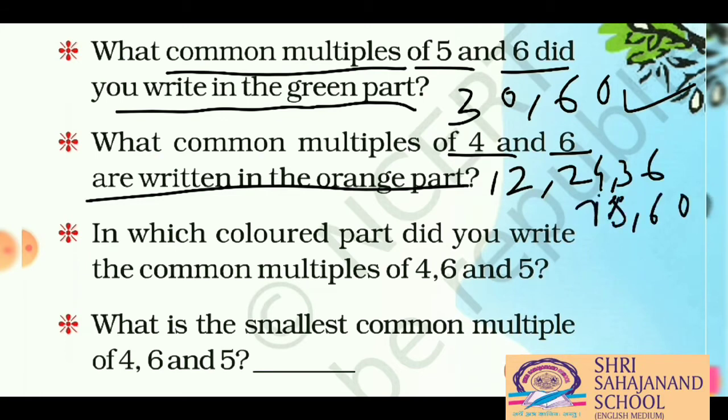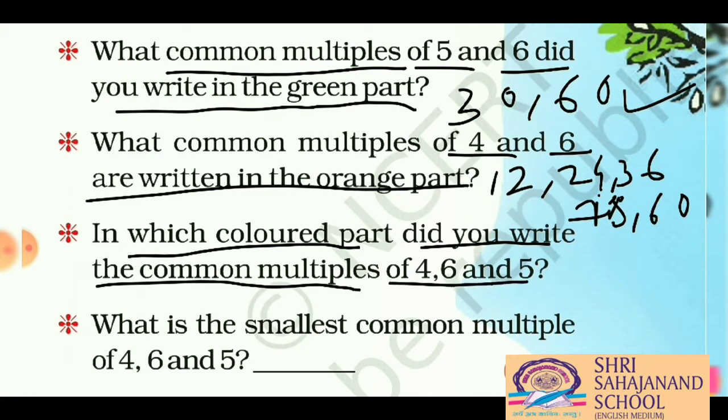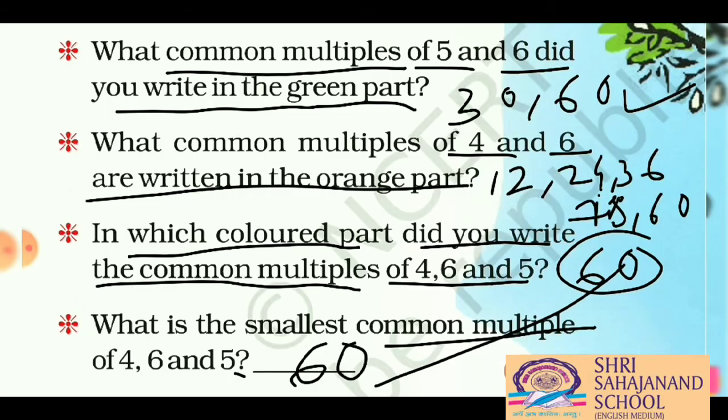Yes, these were the numbers. Next, in which colored part did you write the common multiples of 4, 5 and 6? So in the gray part, and that was 60. What is the smallest common multiple of 4, 6 and 5? So this number we have to write here, 60.